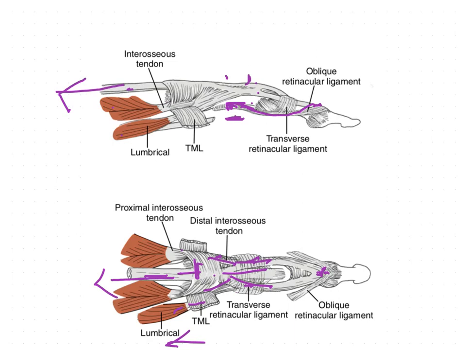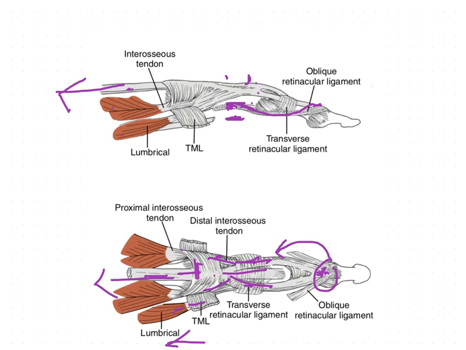Similarly, active DIP extension will always create extension at the PIP. When a force is applied to the extensor expansion by the interossei or lumbrical muscles, tension is created simultaneously on the more distal portion of the lateral bands and terminal tendon that cross the distal interphalangeal joints.